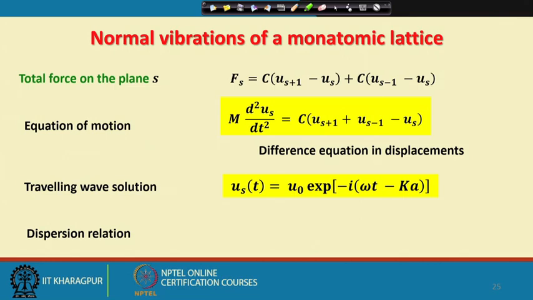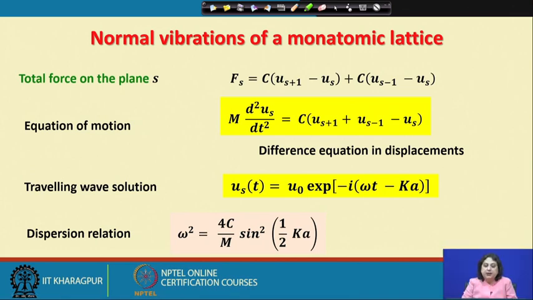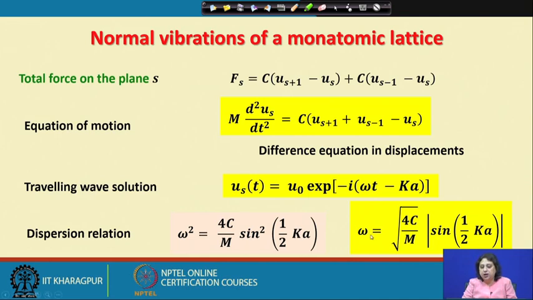What happens here is that the specific way this wave is going to propagate will depend on the relationship between omega, that is the intrinsic angular frequency, and the wave vector k. And this dispersion relation in a monatomic lattice can be obtained by solving these equations, and you find that omega is proportional to sine of half k a.